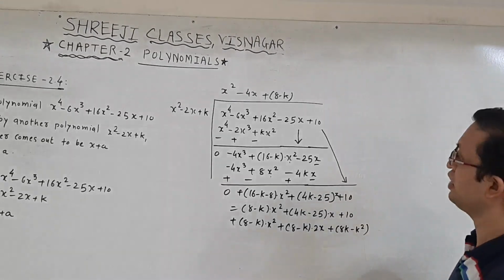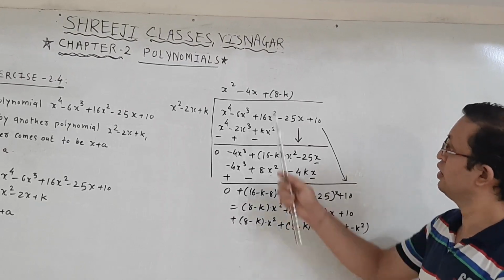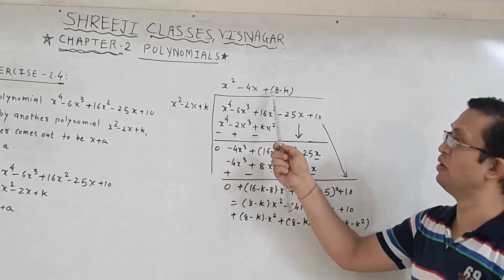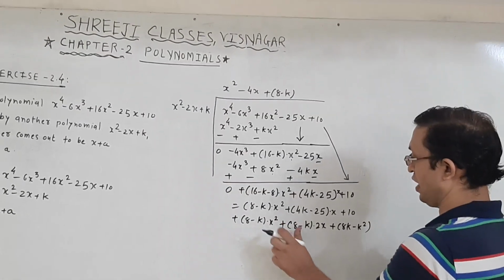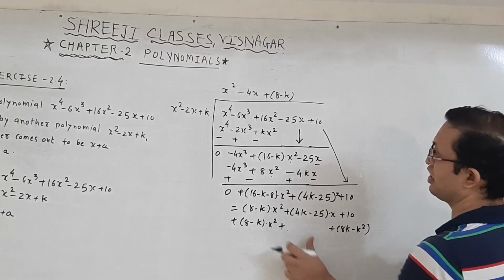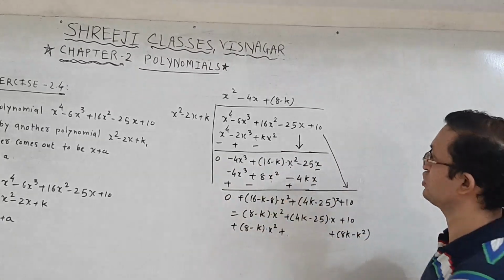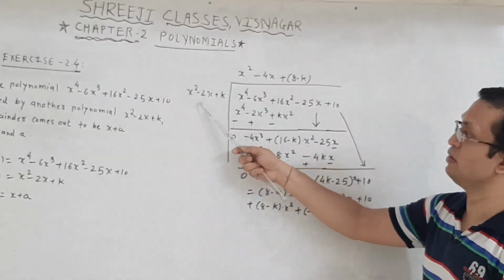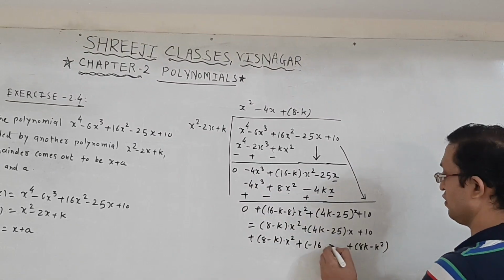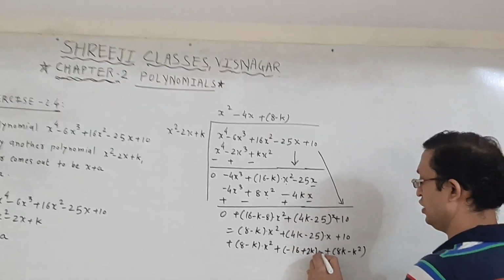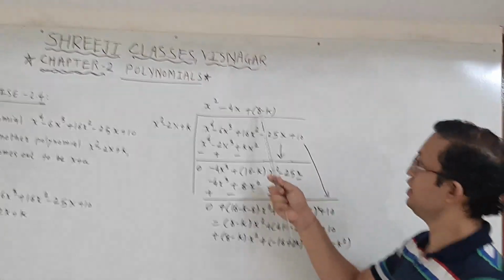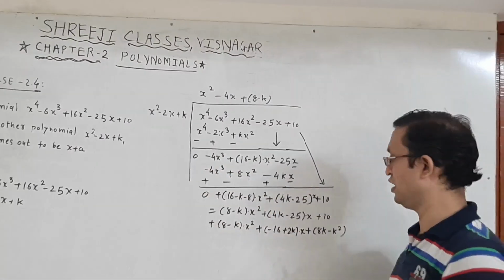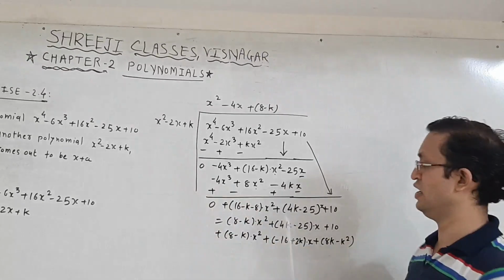Here you remember, write down this step. Here x is common, therefore minus 2 multiplied with 8 is equal to minus 16. Correction of this step: 8 multiplied by minus 2 means minus 16, and minus k multiplied with minus 2 is equal to plus 2k into bracket x, and x is common.